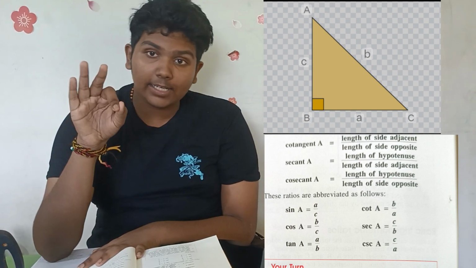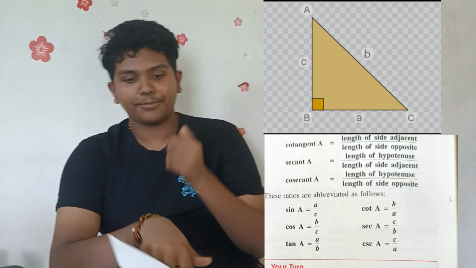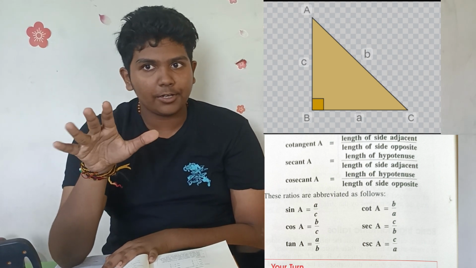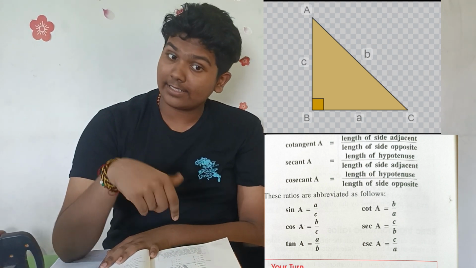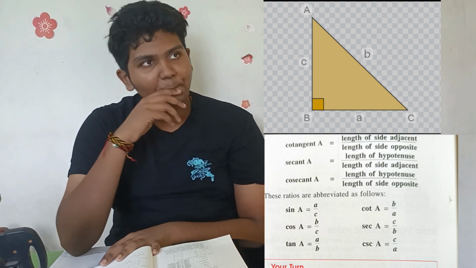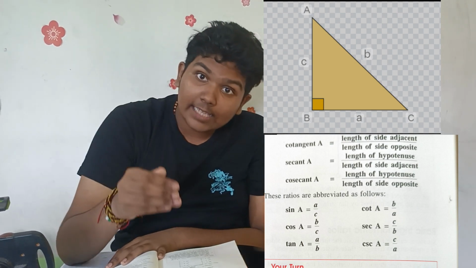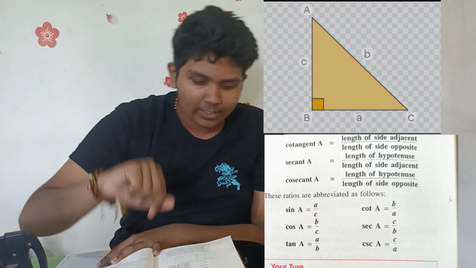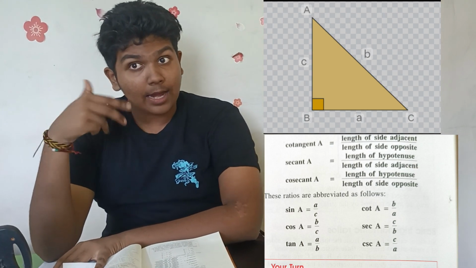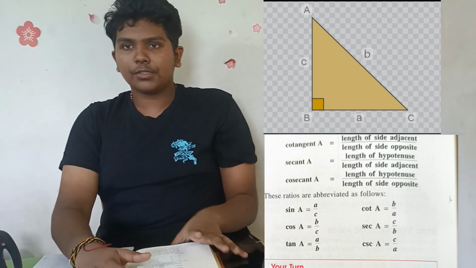Sec A is c by b. Tan A, a by b. And cosec A, c by a. Got it? Sin A is a by c. Cot A is b by a. Then cos A is b by c. Sec A, c by b. Next, tan A, a by b. And cosec A, c by a. Now you got all this.